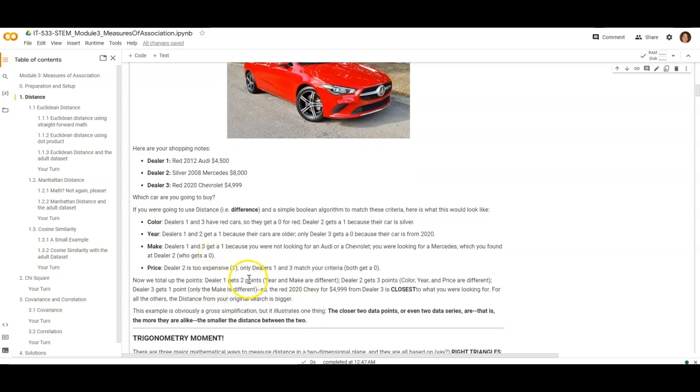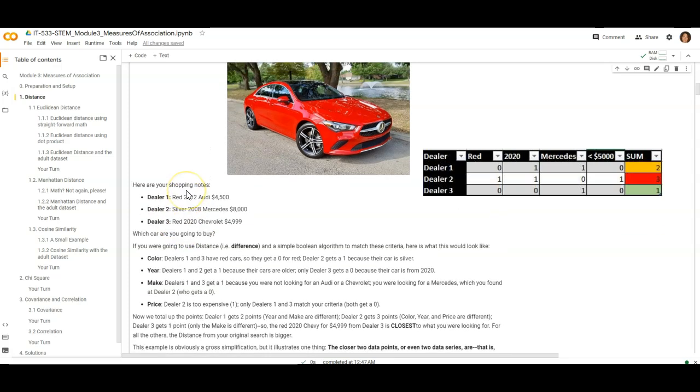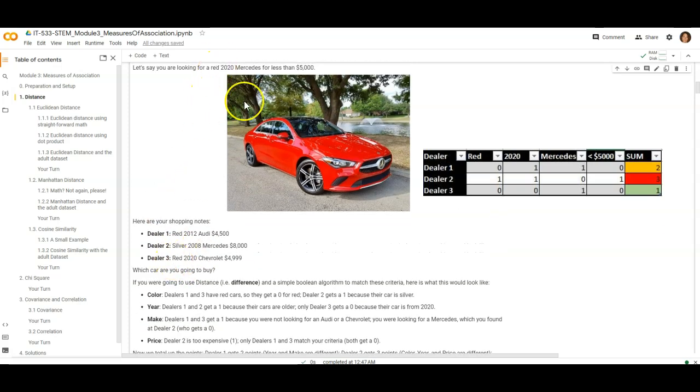Dealer number 1 gets 2 points because the year and the make are different, but the color and the price are within what we had imagined. Dealer number 2 gets 3 points because the color is not right, the year is not right, and the price is not right. So that's 3 points. However, the make is correct. And dealer number 3 gets, you guessed it, 1 point because we are looking for a red car, we're looking for a 2020 car, we are looking for, well, a Mercedes.